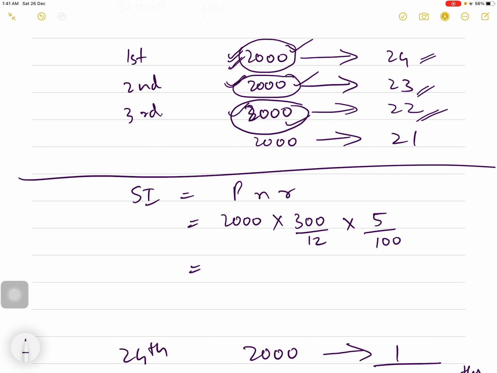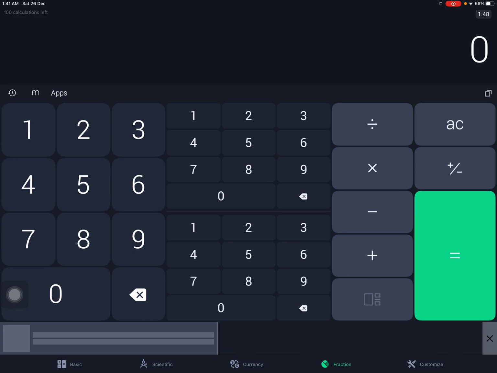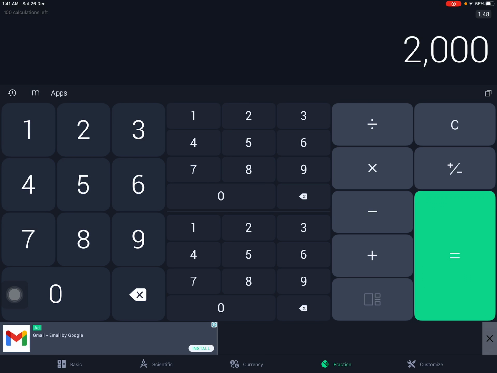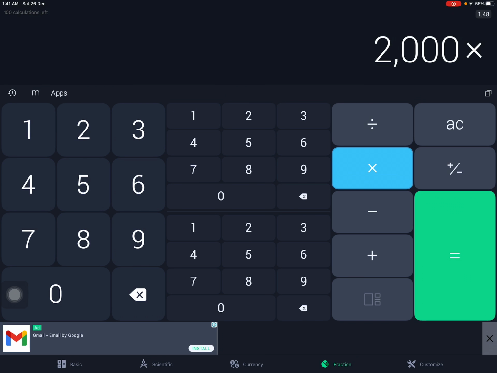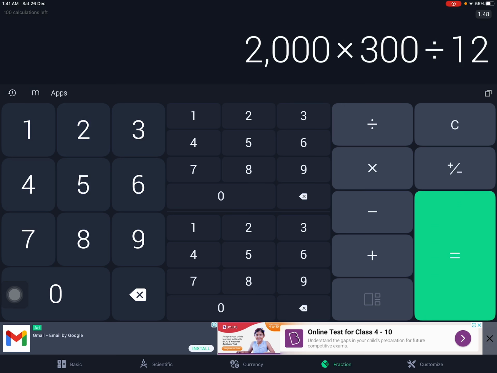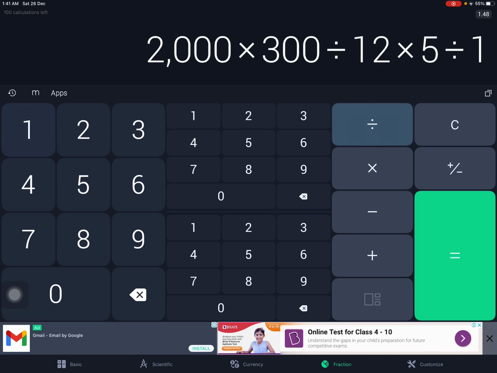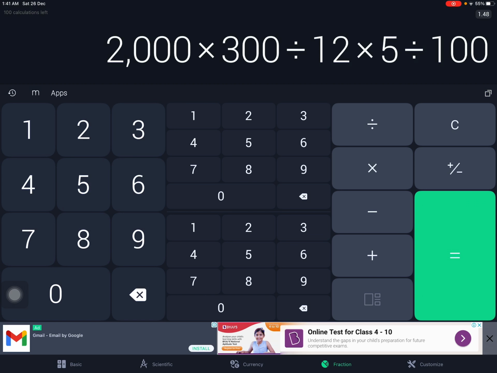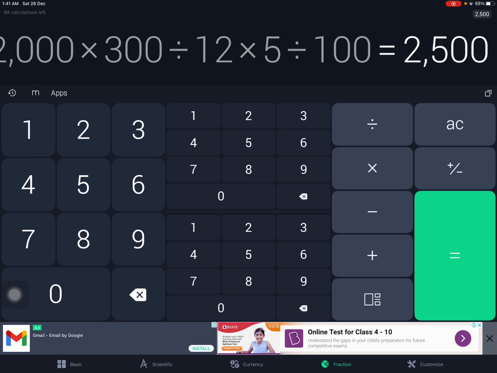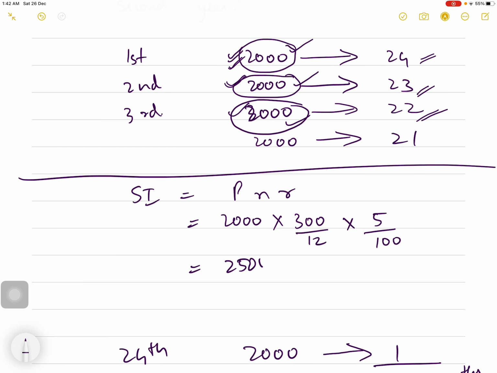And when you calculate this, I'll use a calculator: 2000 into 300 divided by 12 into 5 divided by 100, right? So it comes to 2500. So simple interest is 2500.